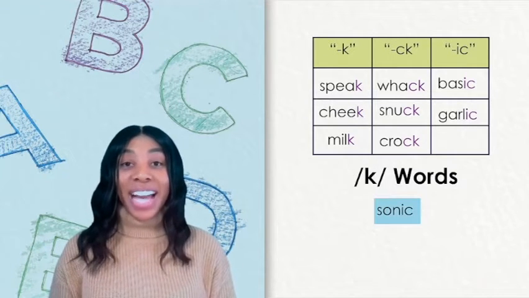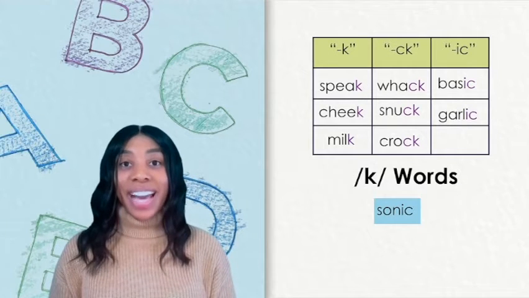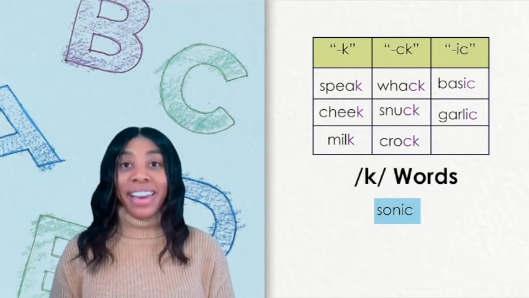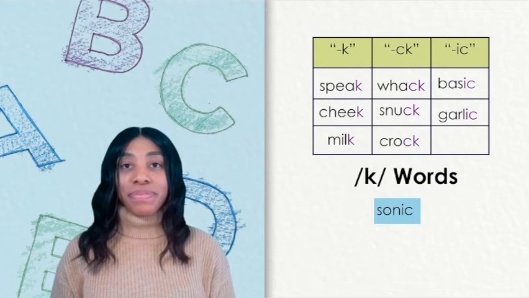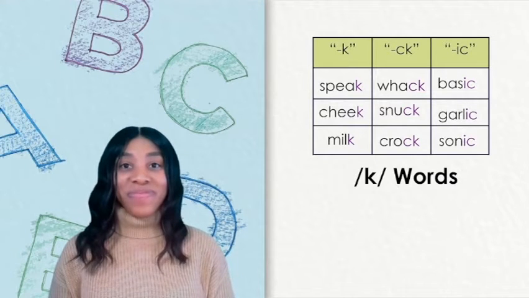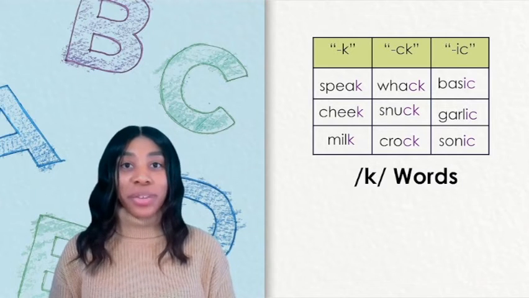Our last word is sonic. Does sonic end with the spelling pattern K, CK, or IC? Sonic would go in the IC column. Go ahead and give yourself a pat on the back for all of the hard work.